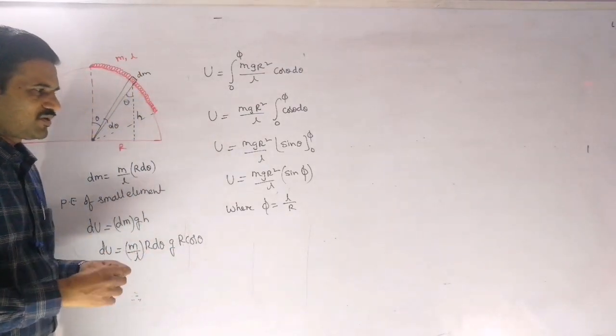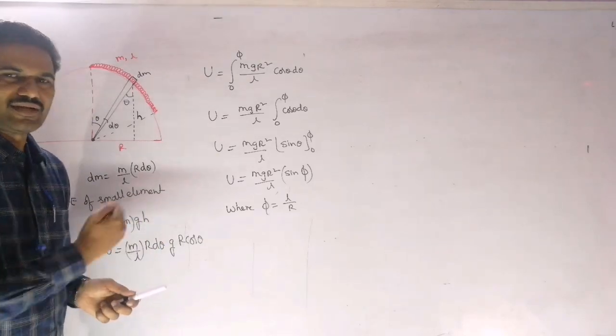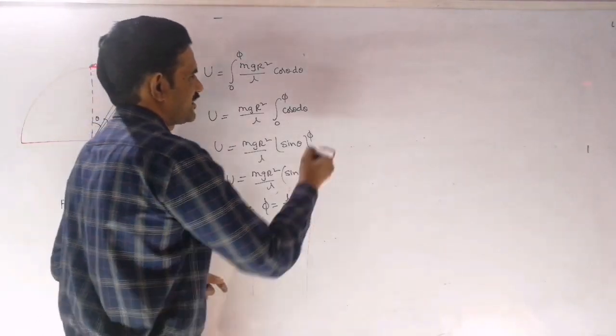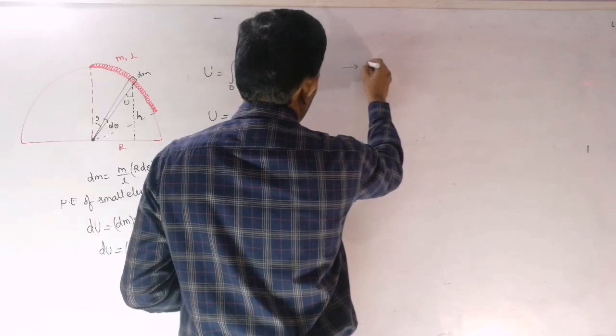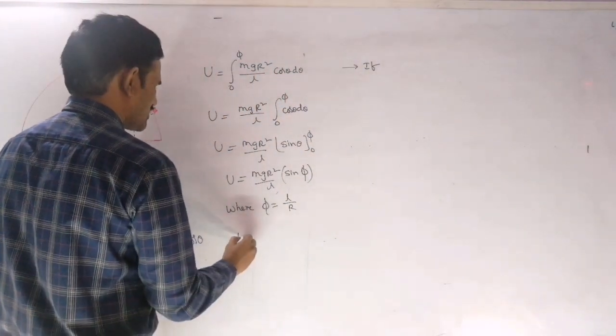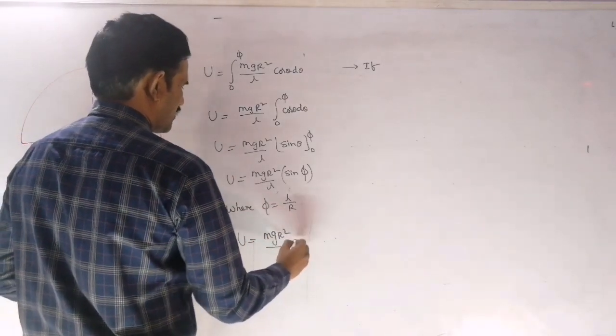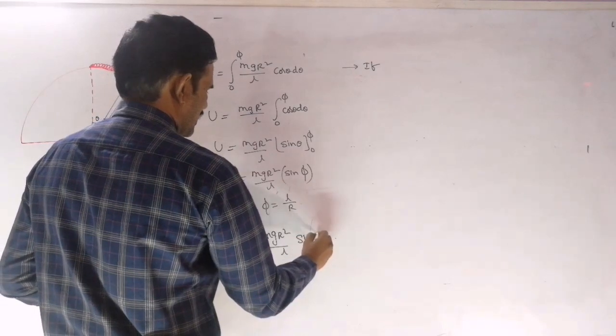Sometimes they may give that the chain is extended until the bottom, so let us consider that case and write the energy. Just mention that our question is up to here only. Therefore you can write this expression as mg r square by L into sin of L by r.